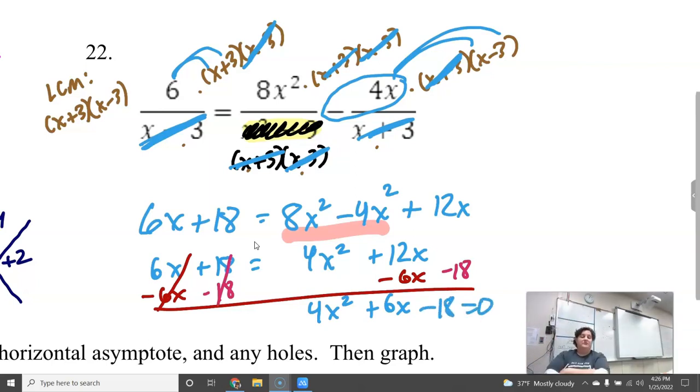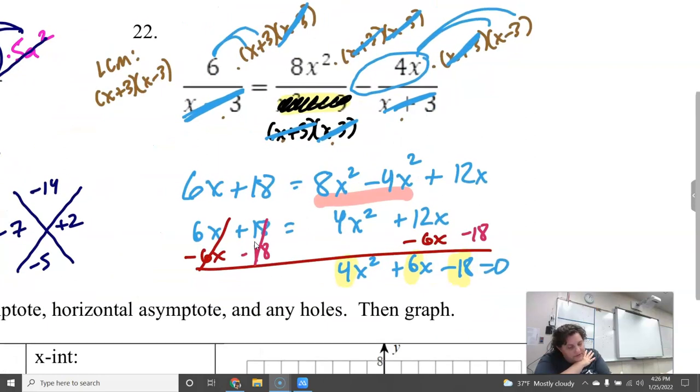And this is what I have to solve in order to figure out my solutions. I got to factor this, okay? Okay, before I start, 4, 6, and 18 all divide by 2, okay? So I'm going to get 2, and then 2x squared plus 3x minus 9.